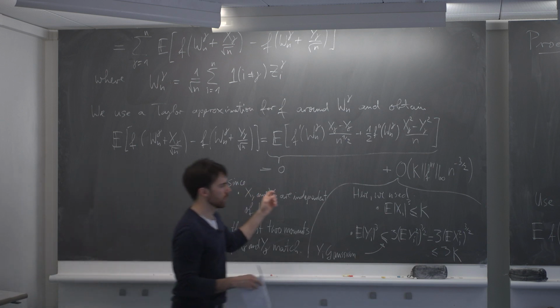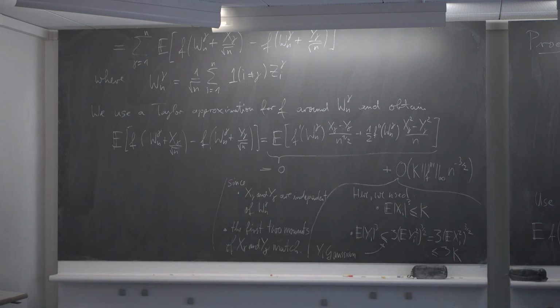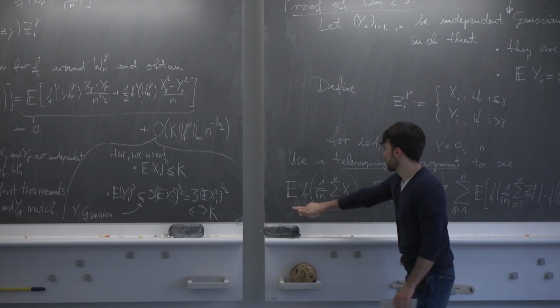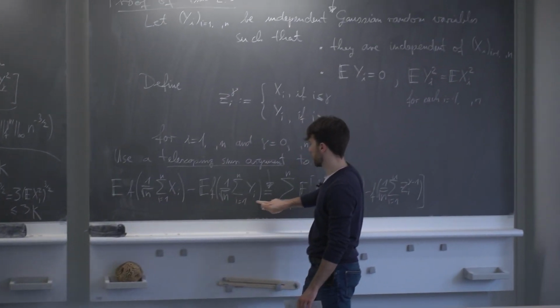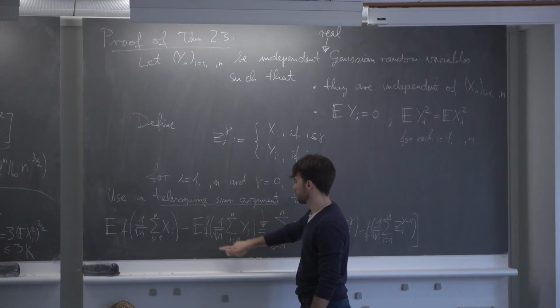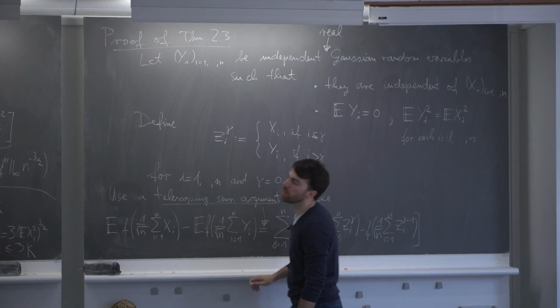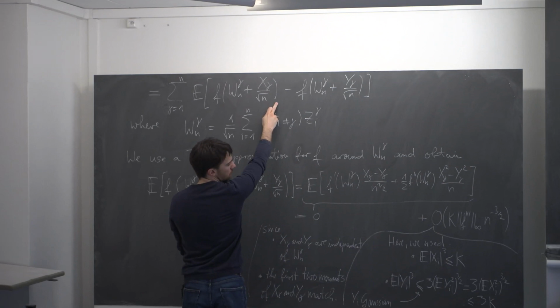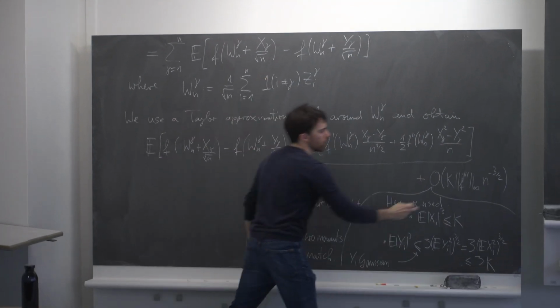So then if we go back to this here, we see that each of these summands here, well, so we wanted to estimate this guy here. By assumption, this here is a standard normal variable. And we now estimated each of these summands is of order n to the minus 3/2.